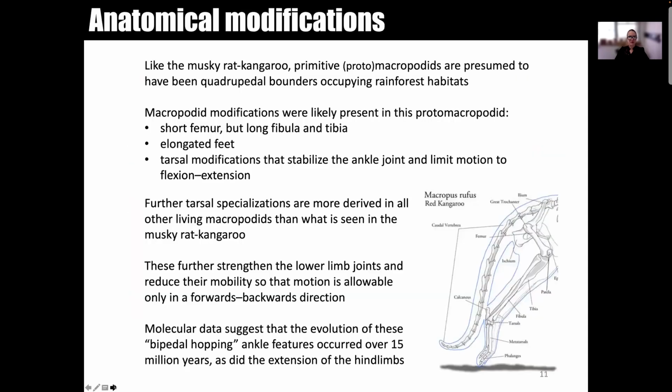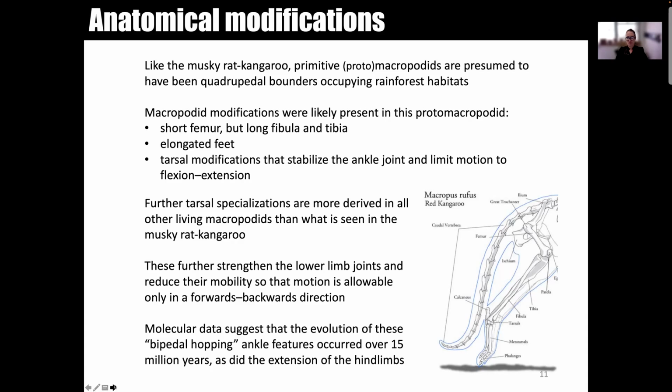So there have been some anatomical modifications to allow for this type of locomotion. Like the musky rat kangaroo, primitive macropodids are presumed to have been quadrupedal bounders occupying rainforest habitats.